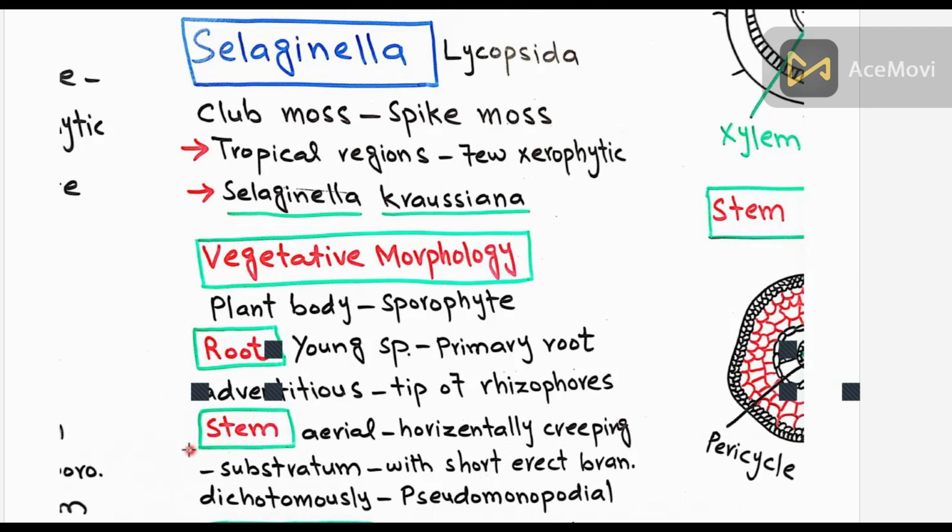Stem. The stem is green, aerial, horizontally creeping on the substratum with short, erect branches. These branches are arranged dichotomously or in a pseudo-monopodial manner depending upon the species.